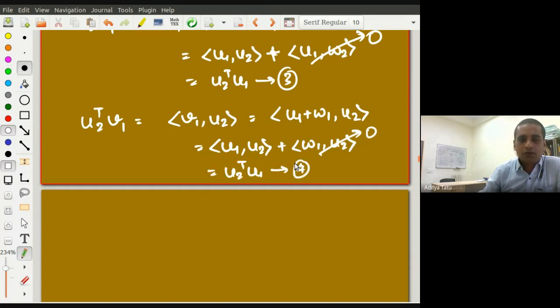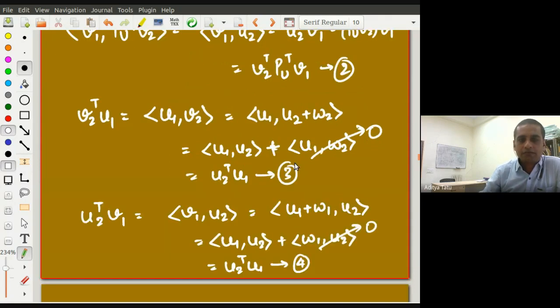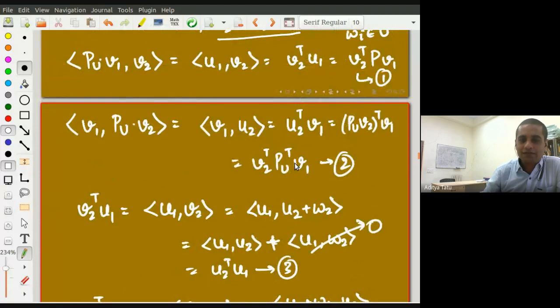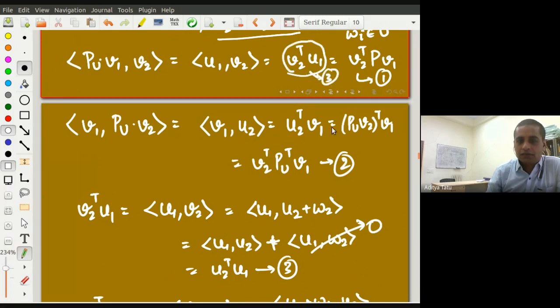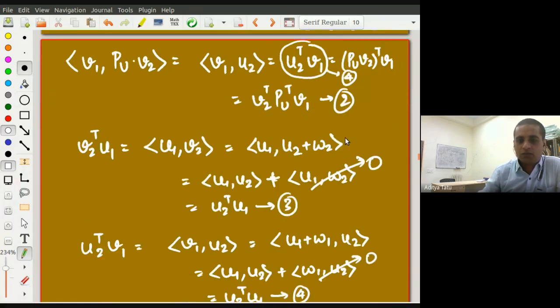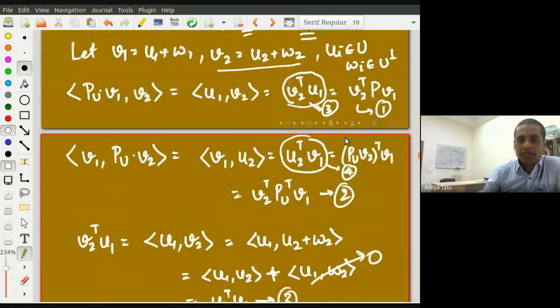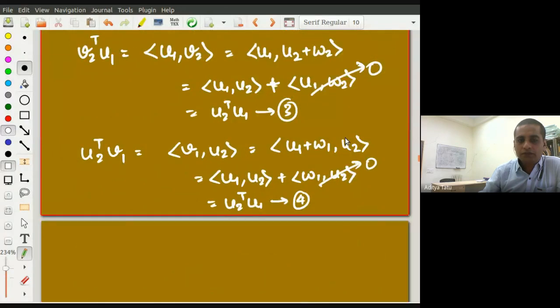So from 3 and 4, what can we say? From 1, 2, 3, 4, 1 and 2 are the same, because 3 and 4 we have just shown are the same.